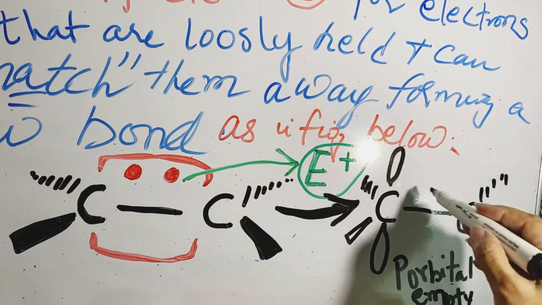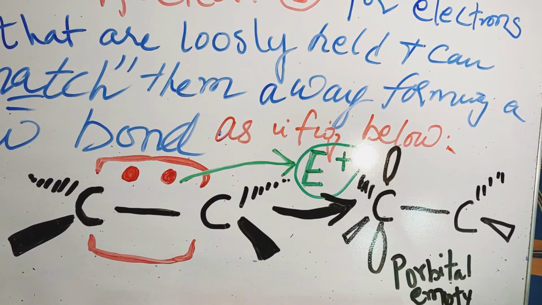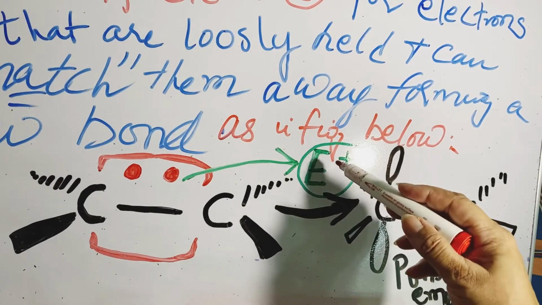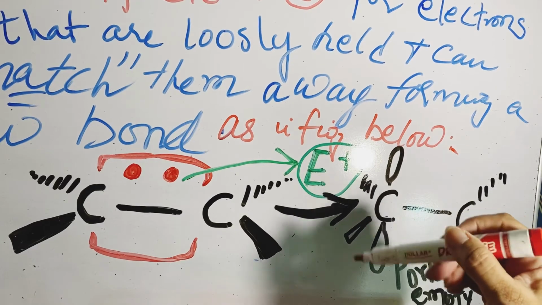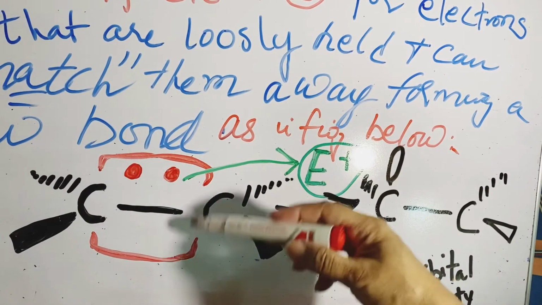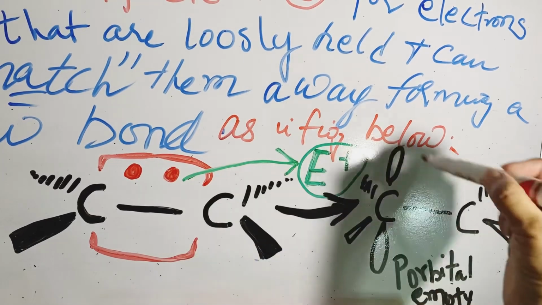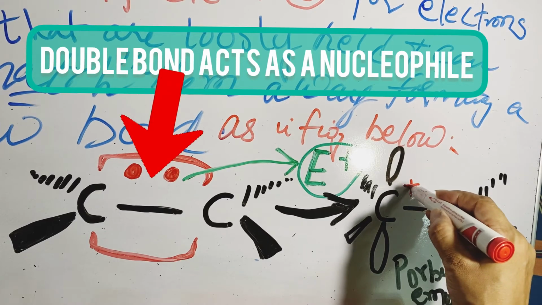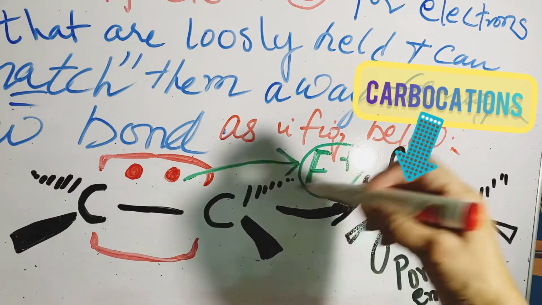As the electrons are pulled away by this electrophile, the double bond acts as a nucleophile, forming this as a carbocation, because one of its carbons is left short after the electrons are snatched from the double bond.